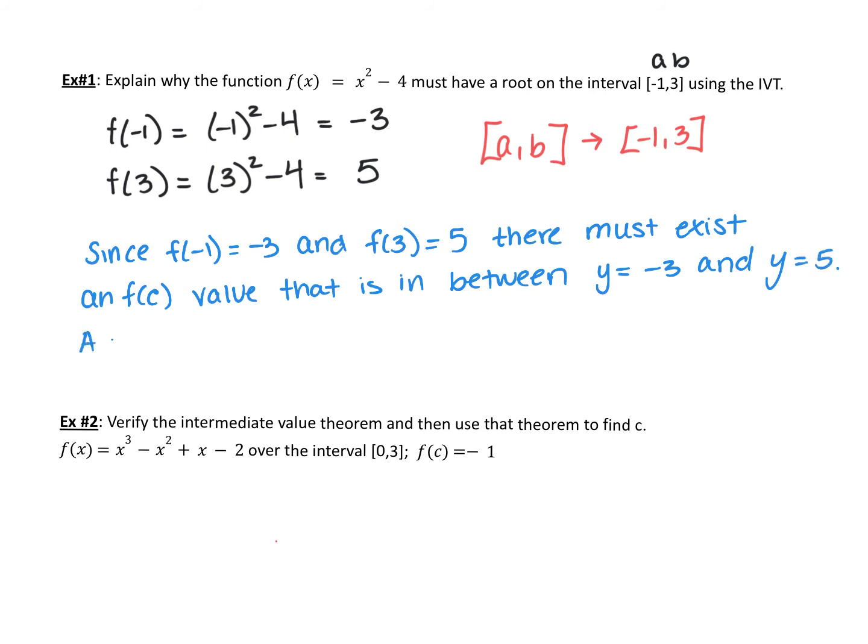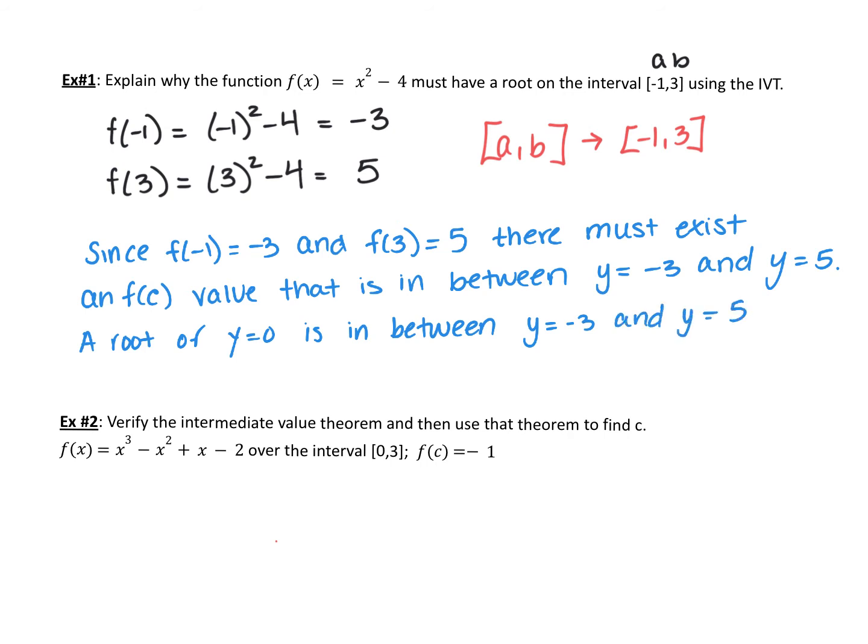So a root of y equals 0 would totally fall into this. So a root of y equals 0 is in between the y value of -3 and a y value of 5.